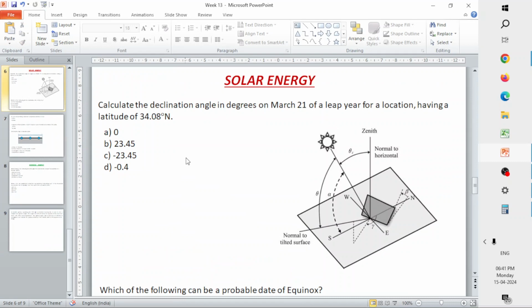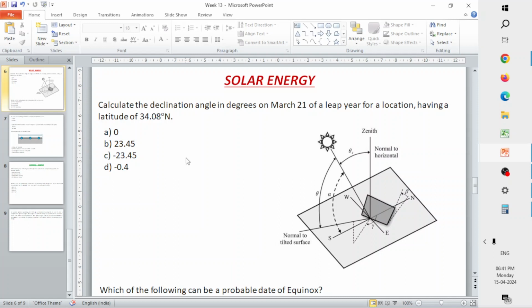I hope you will be able to remember all these concepts. So the first question is about calculating the declination angle on March 21st of a leap year at a latitude of 34.08 degrees north. Of course, that latitude is not necessary for our calculation here.